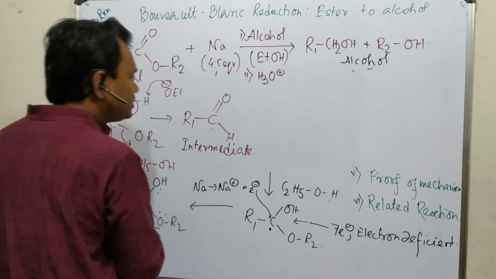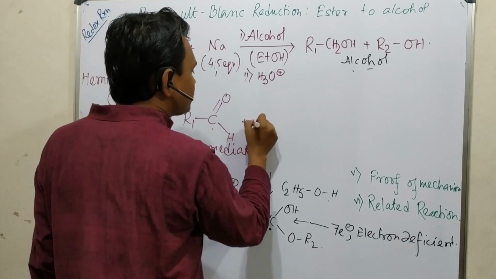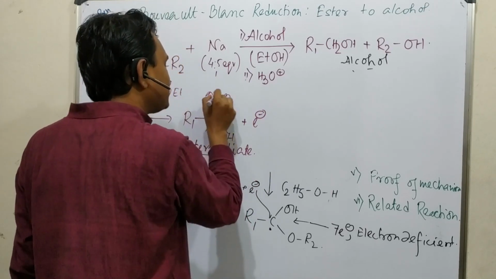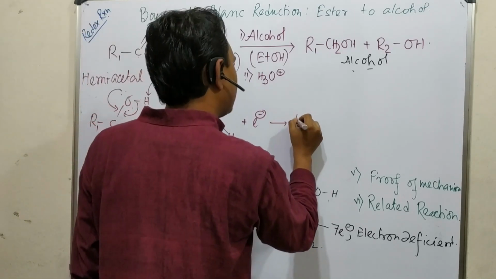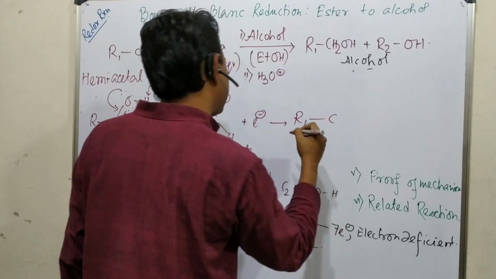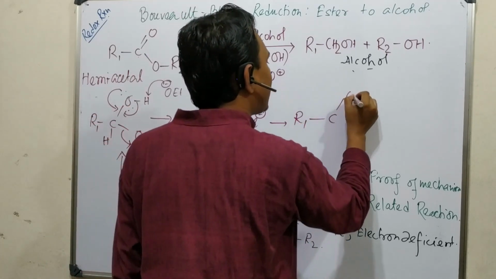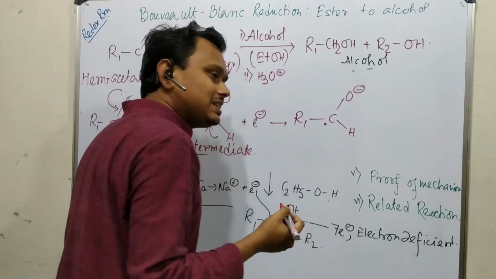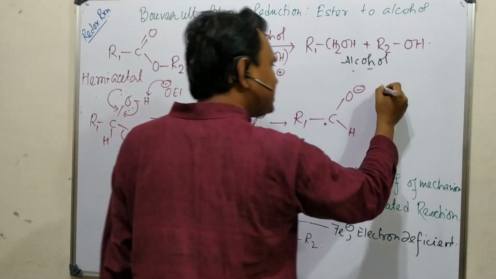So what happens with this? This further reacts with the electron from this sodium. Similarly, it opens up. So what is produced? So this is R1, this is what you can call a ketyl radical. Actually, for a ketone it is a ketyl radical, for an aldehyde, a ketyl radical type.